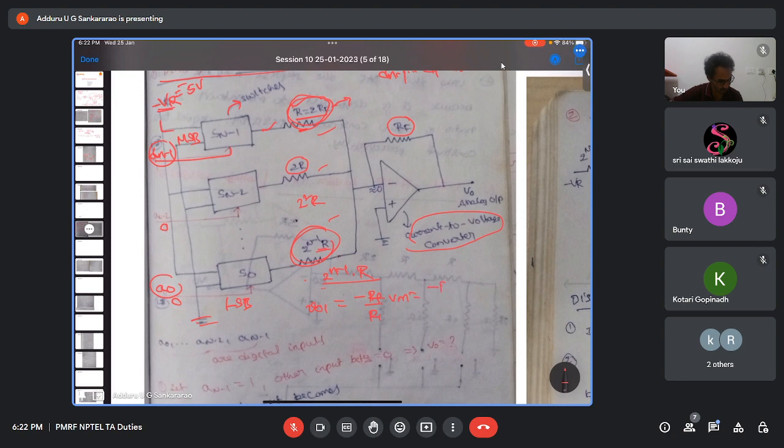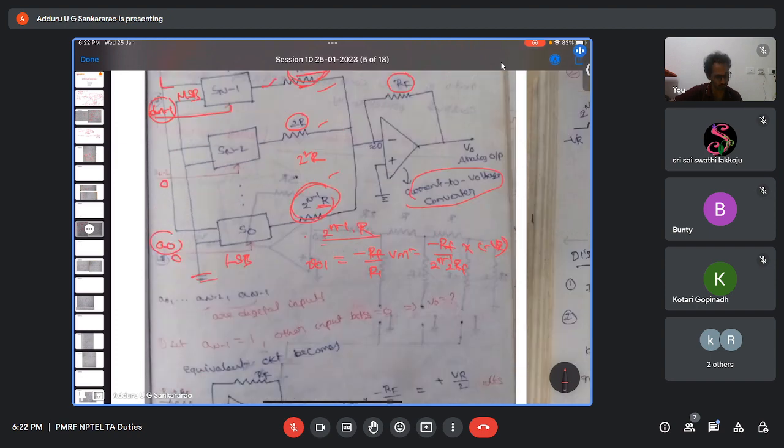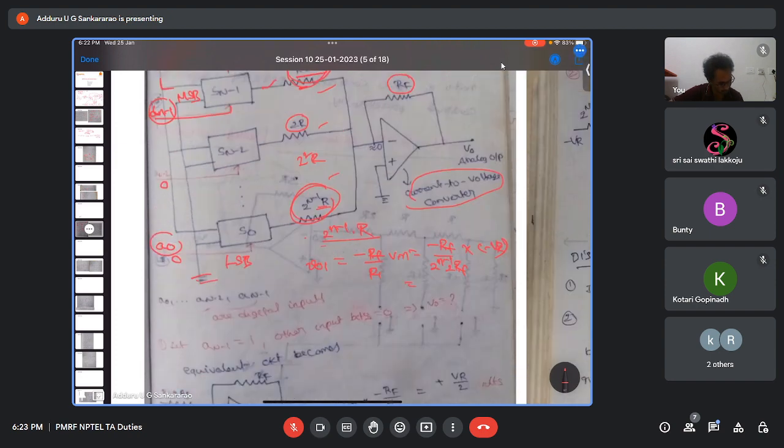RF by R1 is RF over 2 power n minus 1 into R, and R is 2RF. V input is minus VR, connected only to this one, with the remaining all connected to 0. So you get VR by 2 power n, if only the LSB is 1 and the remaining are all 0.